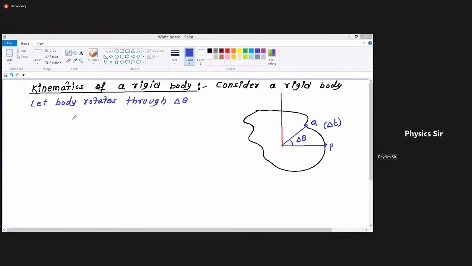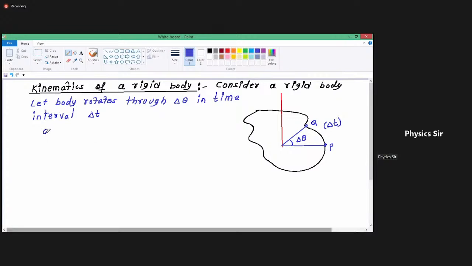This rigid body, the pen is clicking, but I hope it is audible. Thank you. So let a body rotate through a delta theta in a time interval delta t.